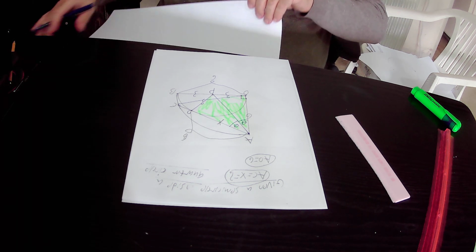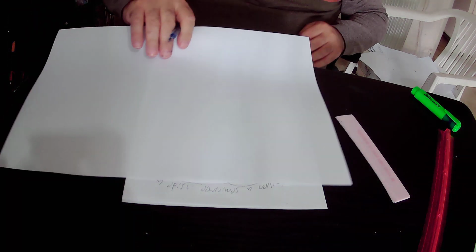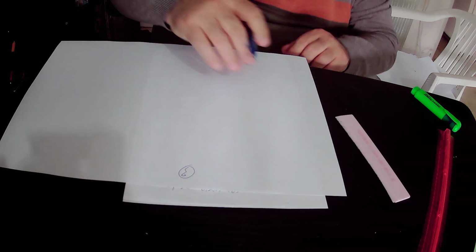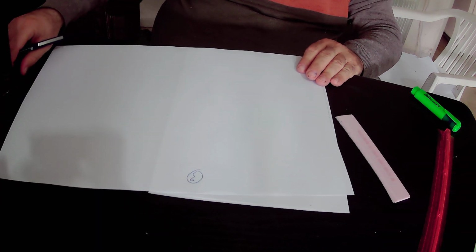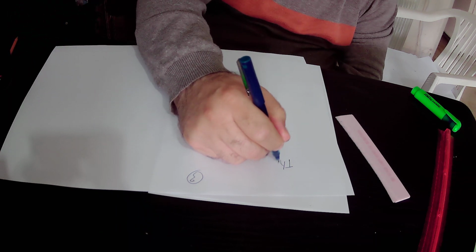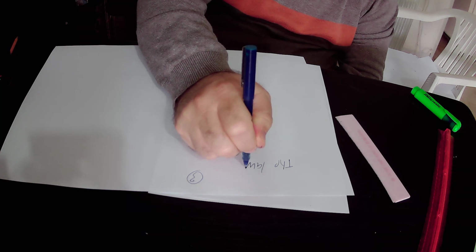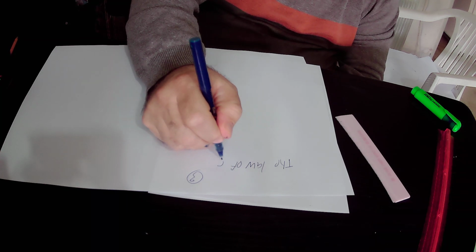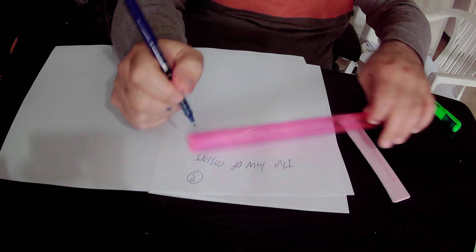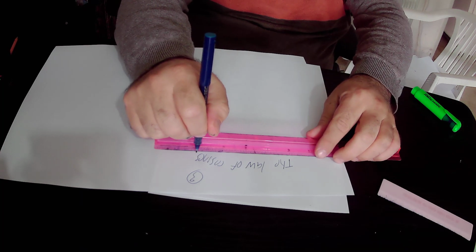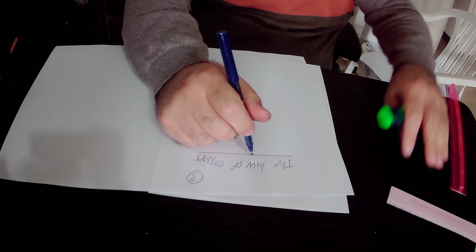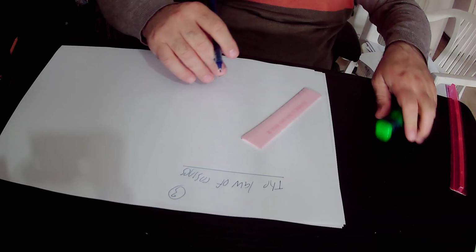So what is the law of cosines? The law of cosines is true in any triangle. So if we have triangle ABC, this could be any triangle.